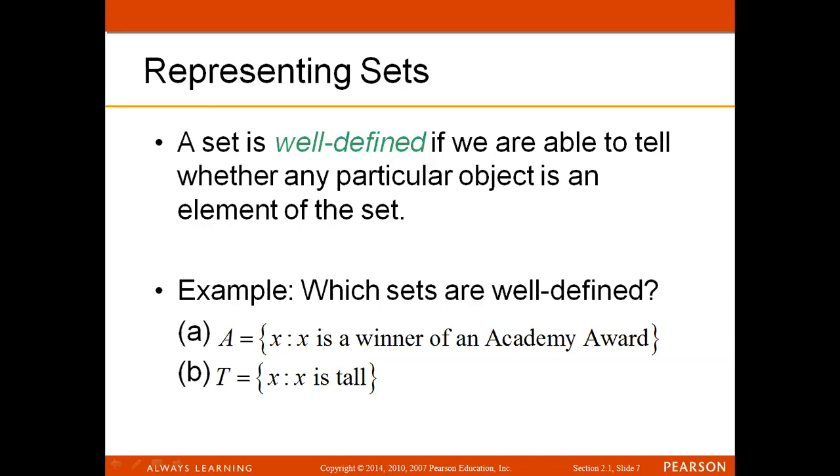Well, being tall is subjective. Being a winner of an Academy Award is not subjective. We can tell whether any element is a member of set A, but it's subjective as to what is tall to you and what is tall to me. So set T is not well defined.